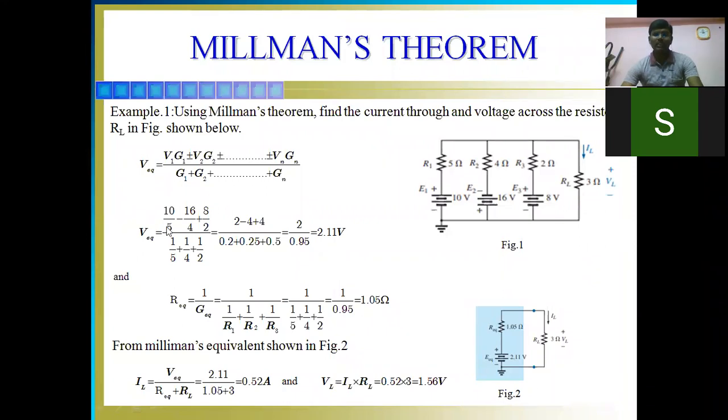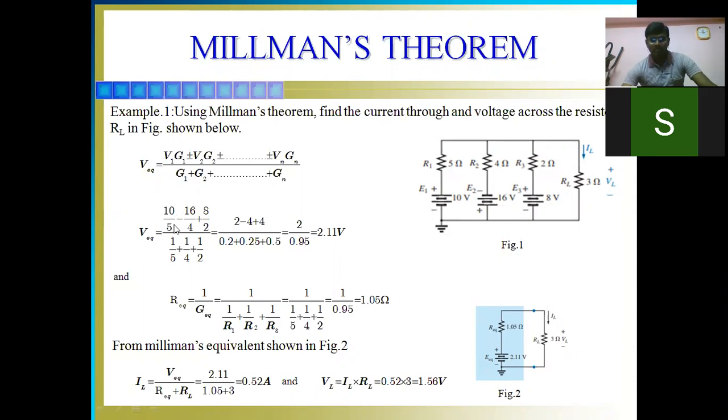V equivalent is equal to V1 G1 plus or minus V2 G2 plus or minus and so on, up to Vn Gn, divided by G1 plus G2 plus G3. Here G1 is equal to 1 by R1, G2 is 1 by R2, and G3 is 1 by R3. So V1 is 10 volts and G1 is 1 by 5, so 10 by 5.